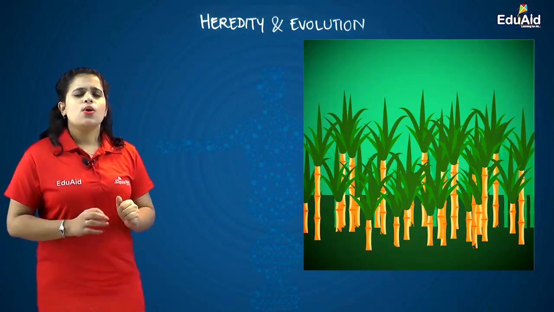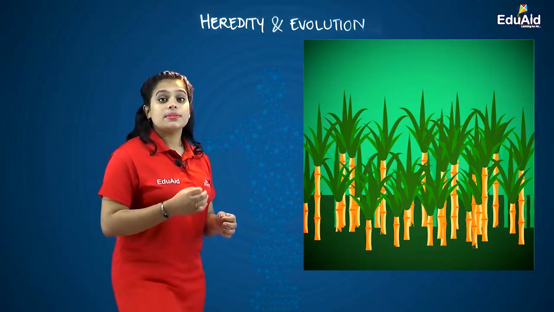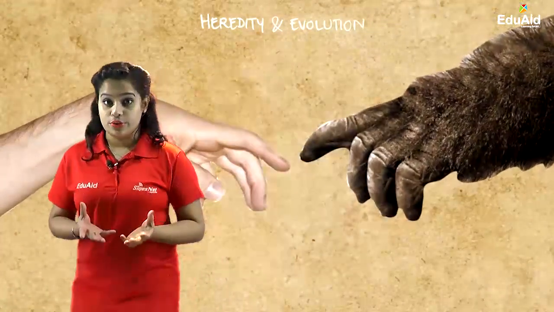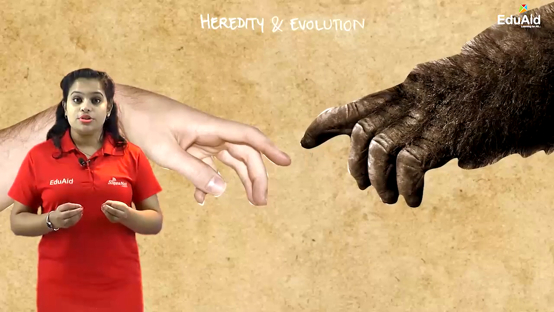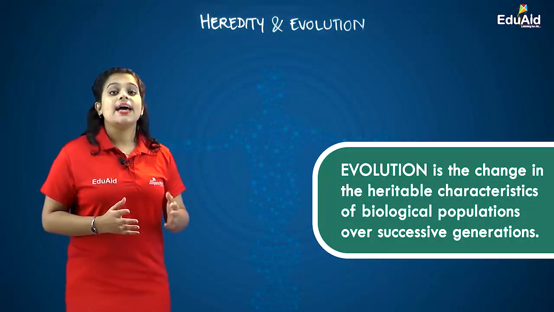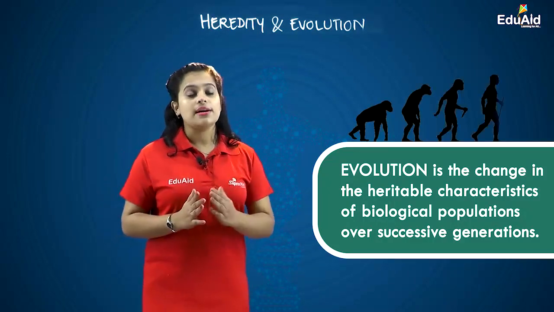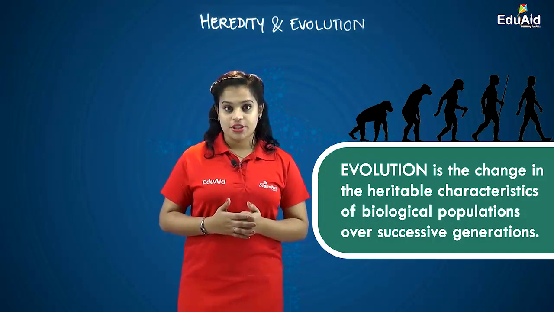So from this, we can say that the number of successful variations is maximized by the process of sexual reproduction. And these variations give rise to evolution. So evolution is the change in the heritable characteristics of biological populations over successive generations.